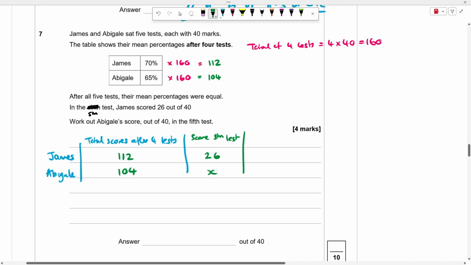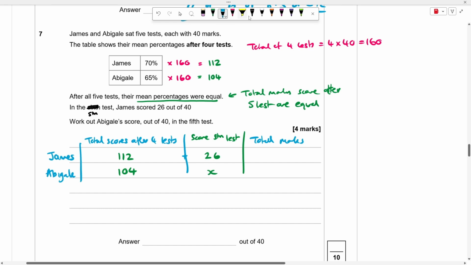What it tells us is that if their mean percentages were equal, then their total mark score after 5 tests is equal.